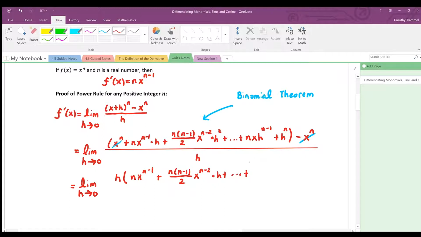And once we get to the other end of this, it'll start looking like n times x times h to the n minus 2, because we're taking an h from it, and plus h to the n minus 1, again because we're taking an h from that. And then this is all over h still.